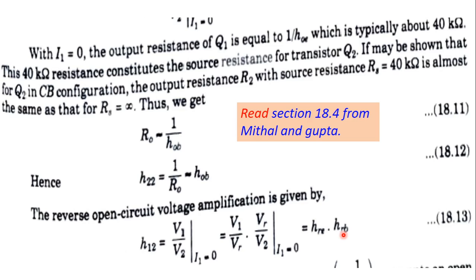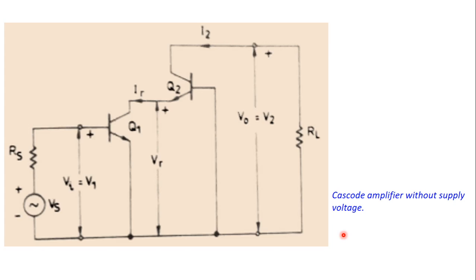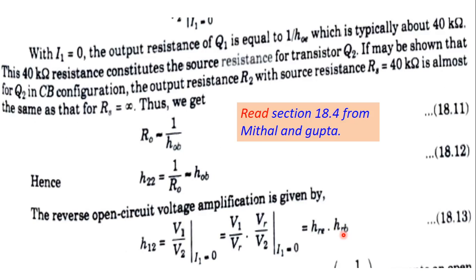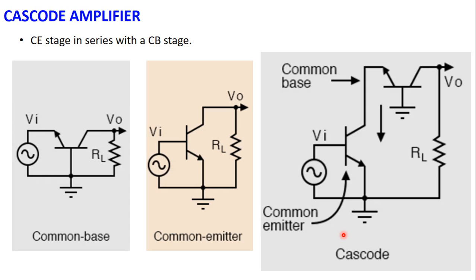So these are the four parameters for the Cascode amplifier, and note down one more task here, since this is related to the Cascode amplifier.